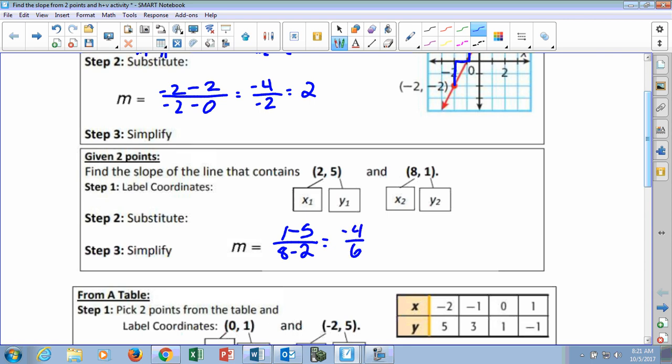And this is 6. What's the difference between what we just did and what happened just now? We still came up with negative 4/6, right? But wasn't the negative on the bottom before? Well, negative 4/6 still reduces to negative 2/3. So you get the same answer. So you don't necessarily have to pick the order of the points. It's just making sure you plug it into the formula correctly. See how that works?